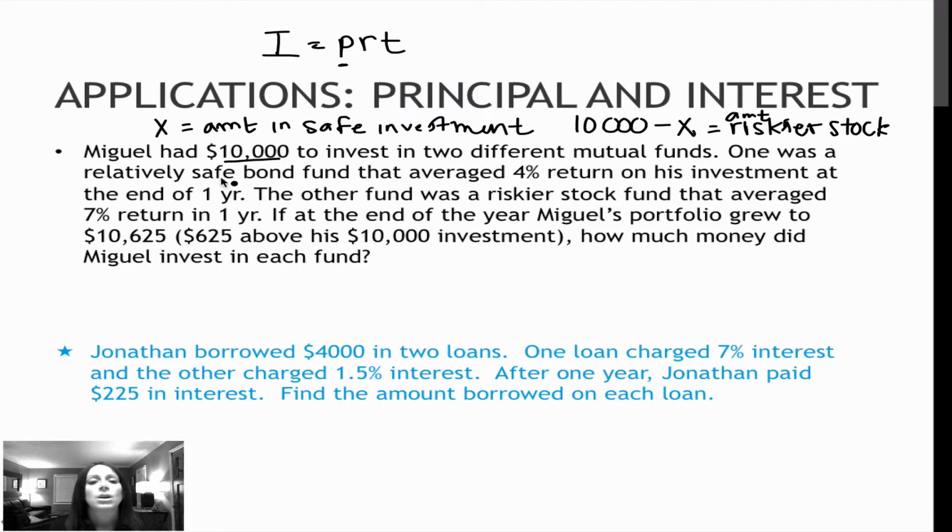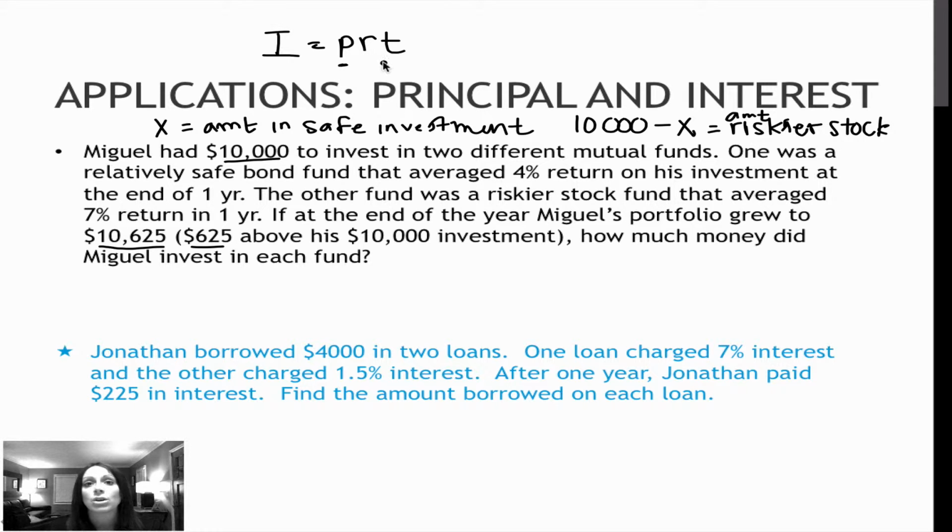Now I'm going to look at the PRT. At the end of the year, his portfolio grew to $10,625, which means he earned $625 in total interest.